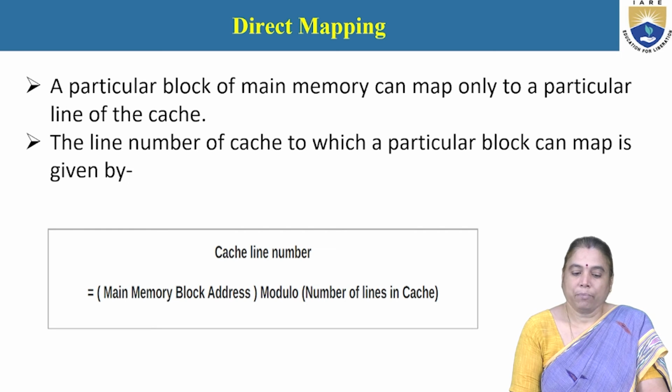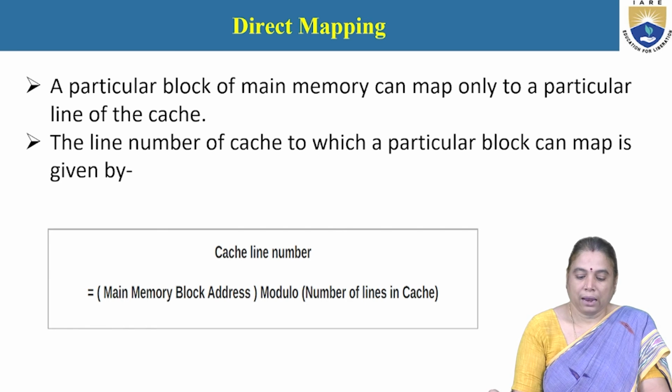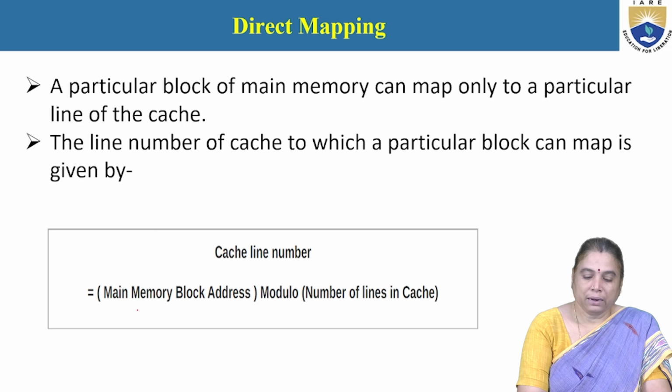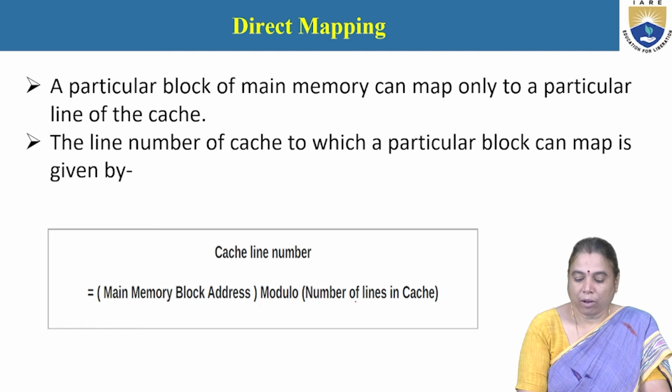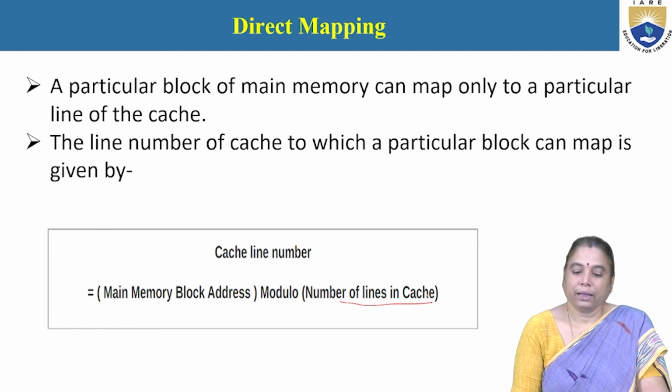What is direct mapping? A particular block of main memory can map only to a particular line of a cache. The line number of the cache is identified as cache line number equals main memory block address modulus the number of lines in the cache.